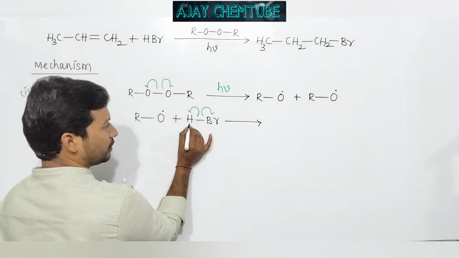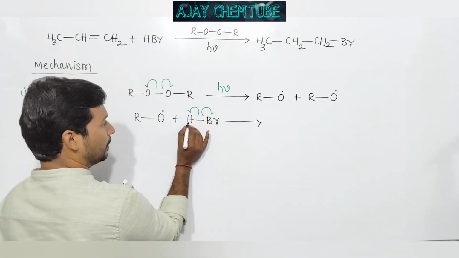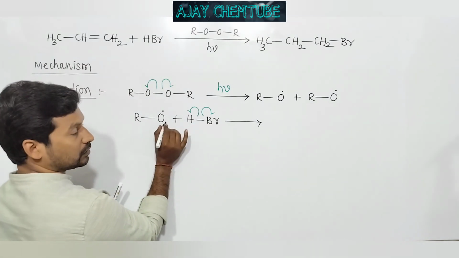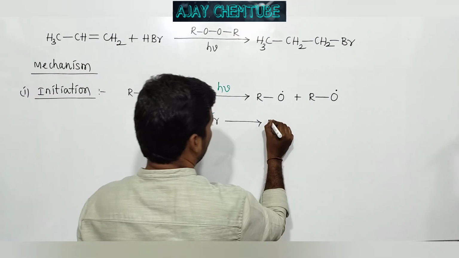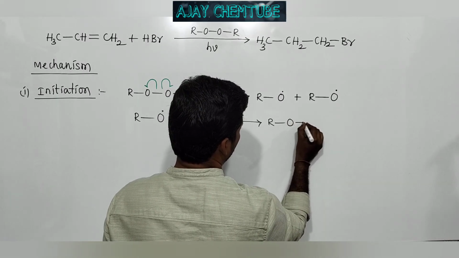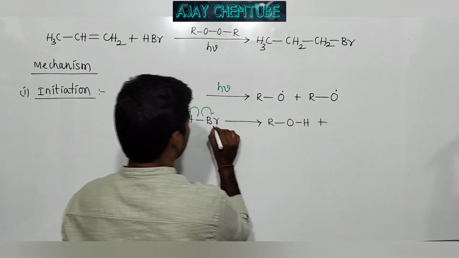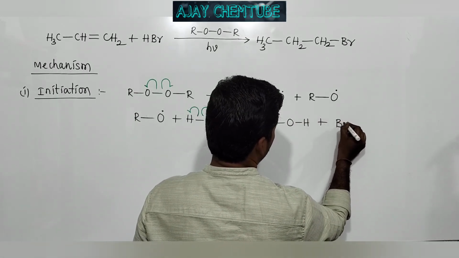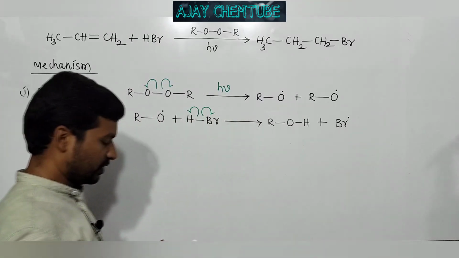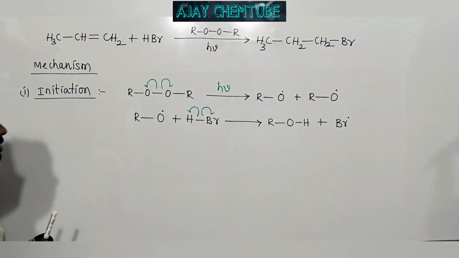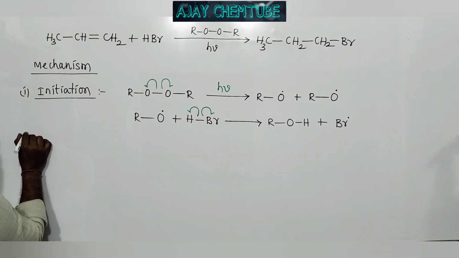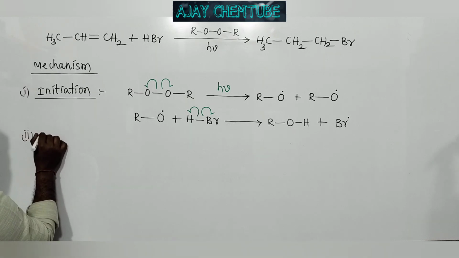That forms hydrogen free radical and bromine free radical. This hydrogen free radical with RO free radical forms ROH, plus bromine free radical. That is initiation. Next, propagation step.